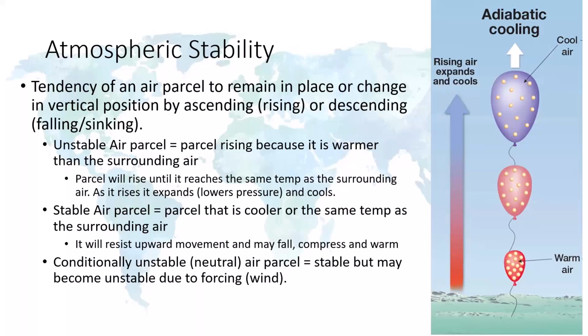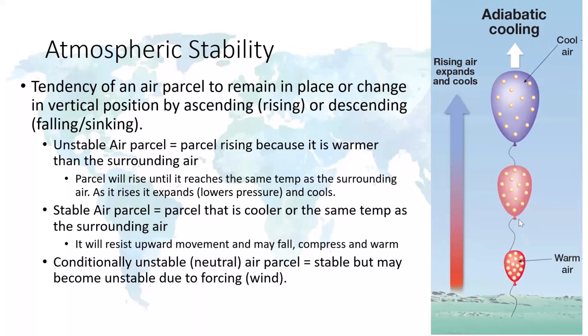When we take a look at understanding atmospheric stability and how air parcels remain in place, or rise, or cool, when we're talking about the adiabatic process, which we're about to get into, keep in mind that warm air, if it is dense, has more molecules bouncing off of each other, making the air warm.